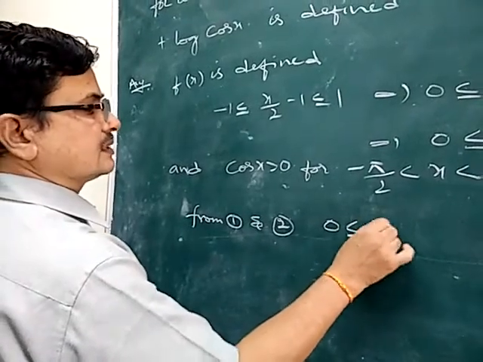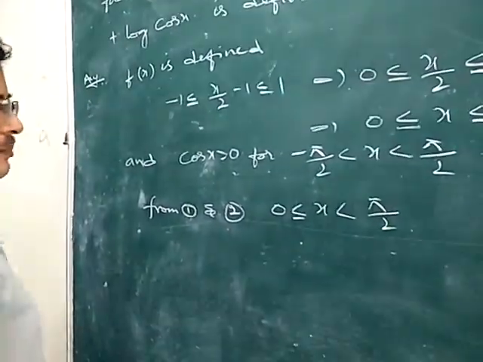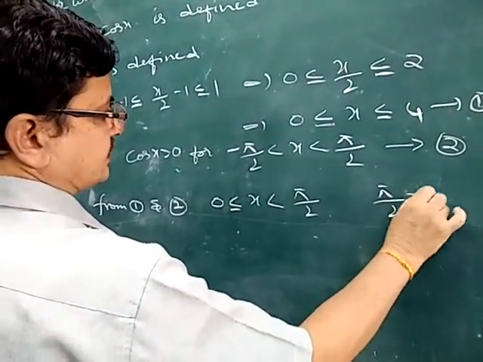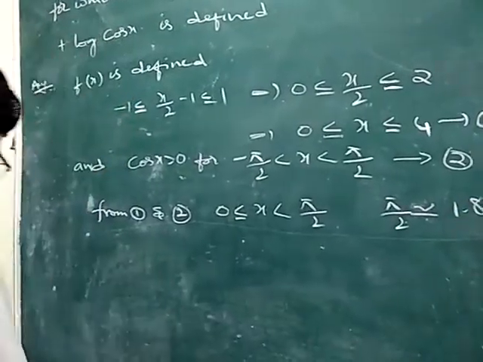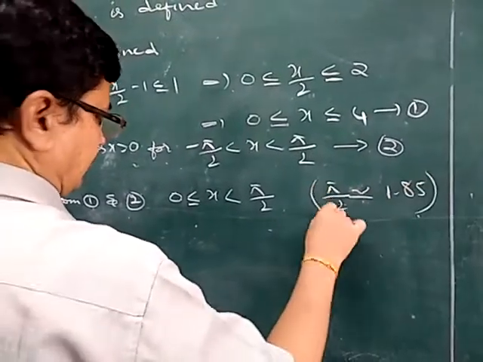0 is less than or equal to x is less than pi by 2, where pi by 2 is approximately equal to 1.85. It is the approximate value of pi by 2.